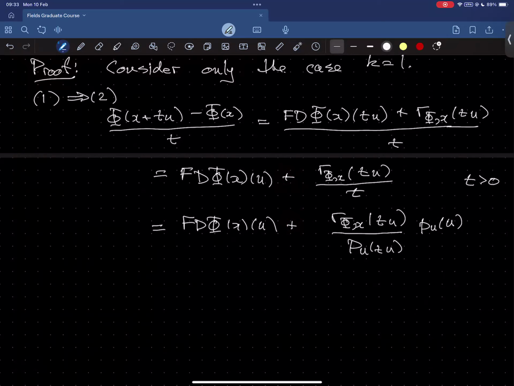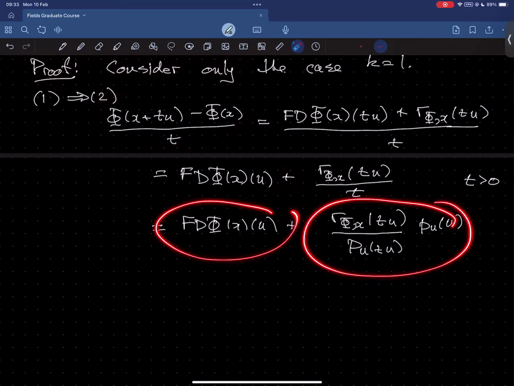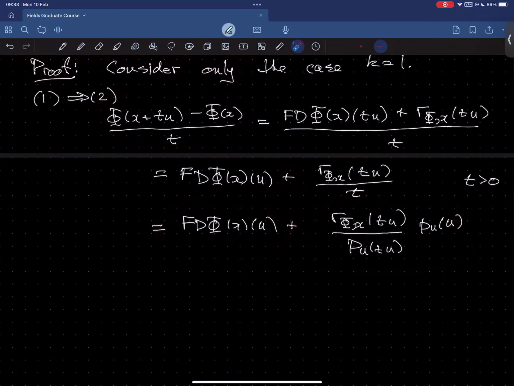And so now, if you take the limit as T goes to 0 of this, that's going to amount to taking this plus the limit as T goes to 0 of that. But the limit as T goes to 0 of this, because of the condition on the remainder, notice that the argument of the remainder and the argument of the norm are the same, that's kind of the point. As T goes to 0, this thing will go to 0.